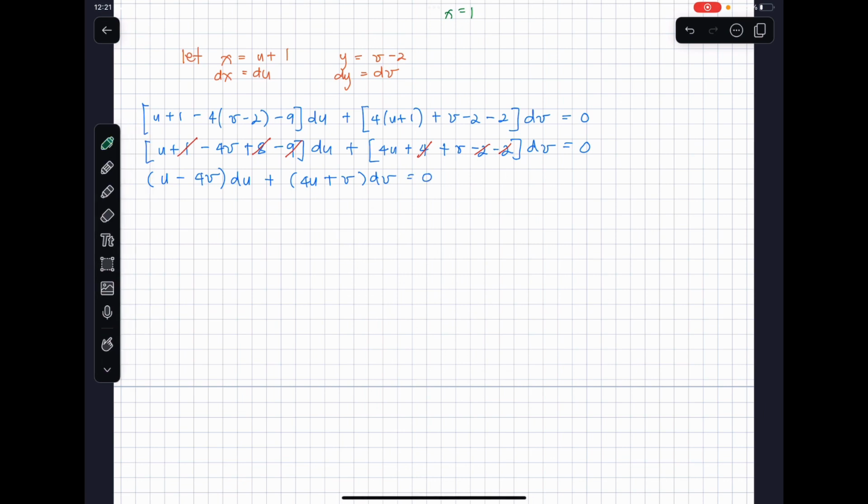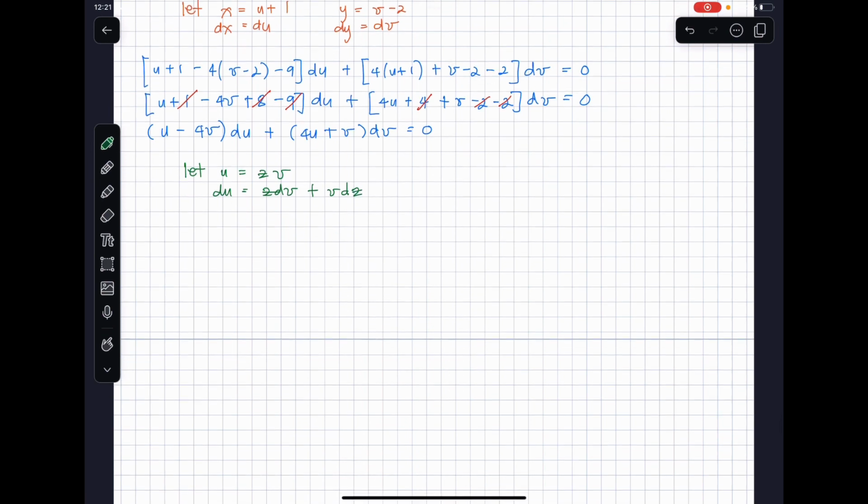Next, since this is a homogeneous equation, we transform this one into a separable equation by letting again, in this case, u be equivalent to zv. And then du will be z dv plus v dz.